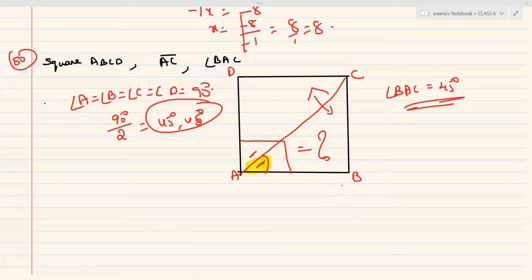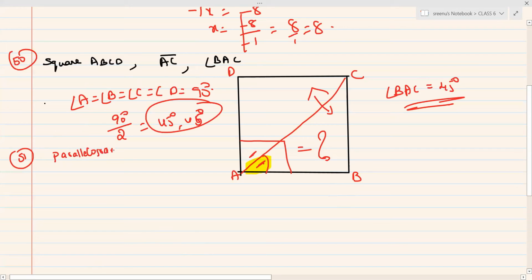Next, 51. Question 51 says parallelogram. So in a parallelogram, angle A is to angle B is equal to 1 is to 2. Then what is the value of angle A?